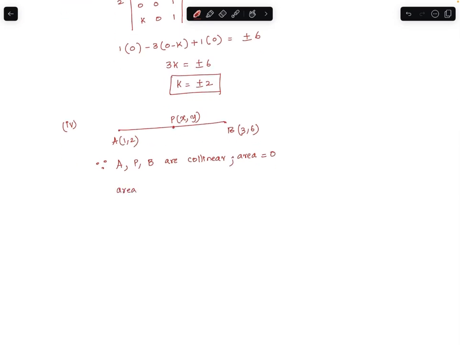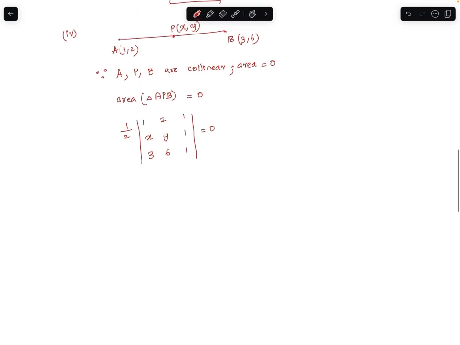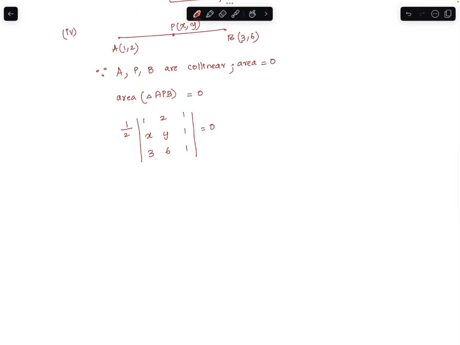Area of triangle APB is 0. Half times the determinant of 1, 2, 1, x, y, 1, 3, 6, 1 is equal to 0. Transposing half on the other side, it becomes 0.